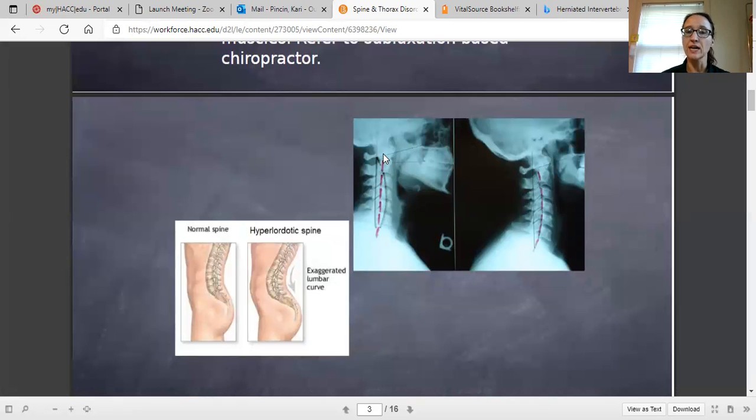See this lovely straight line? That's not supposed to be there, okay? That puts a lot more pressure on the vertebrae and on the discs in the cervical area. See how there's less space here than there is here? So you do not want a straight neck, is what I'm saying.